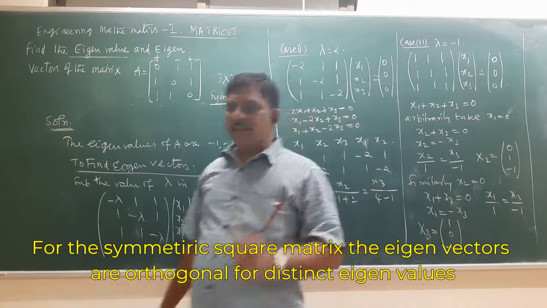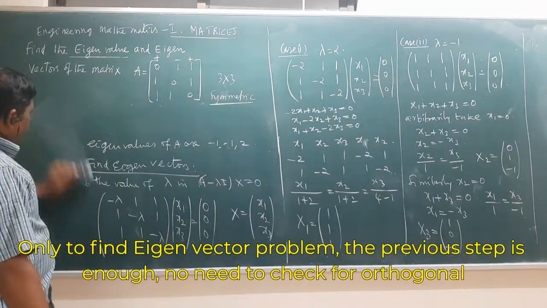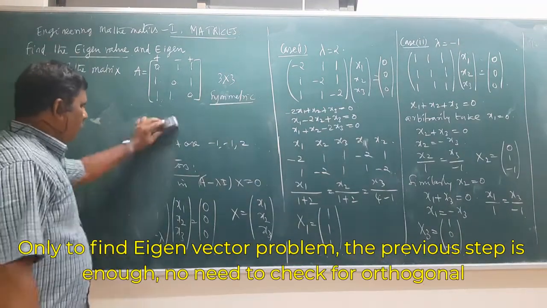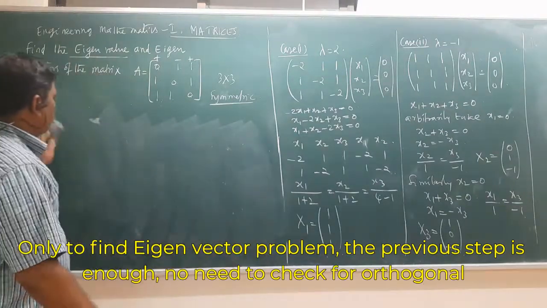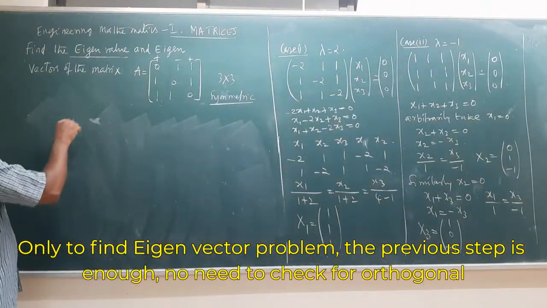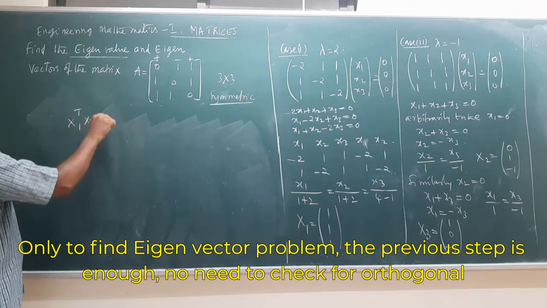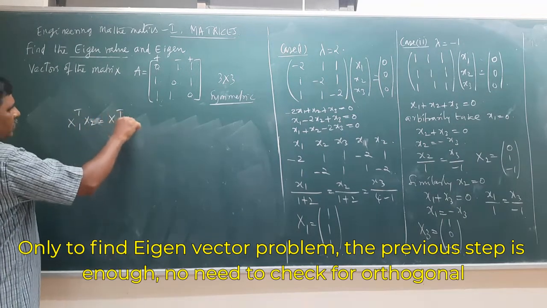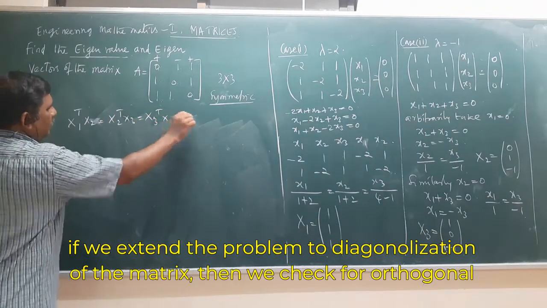So when we check orthogonality in pairs, what is it? x1 transpose x2 equal to x2 transpose x3 equal to x3 transpose x1 equal to 0.